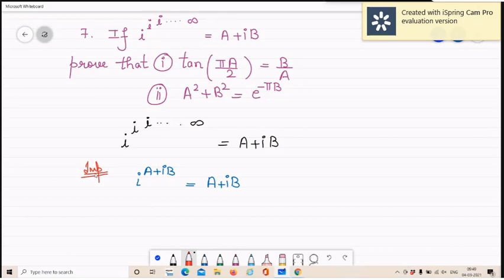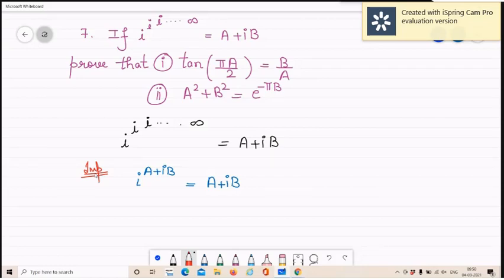Now what is happening? In derivatives, we learned a concept in 12th: when a variable is raised to a variable, what do we have to take for the derivative? Log.